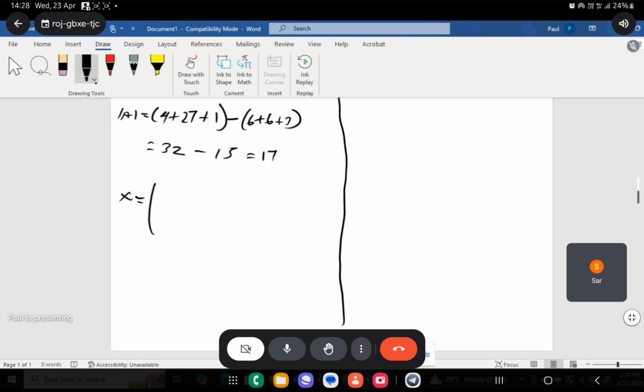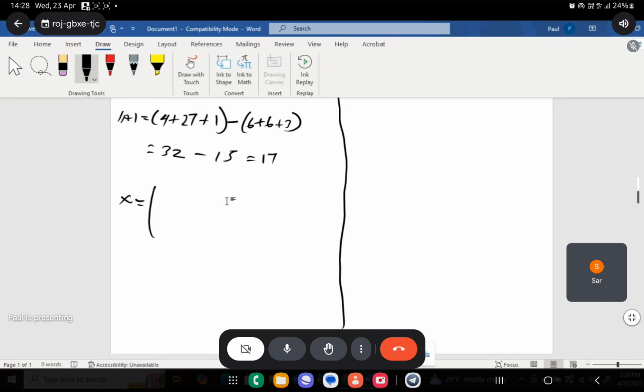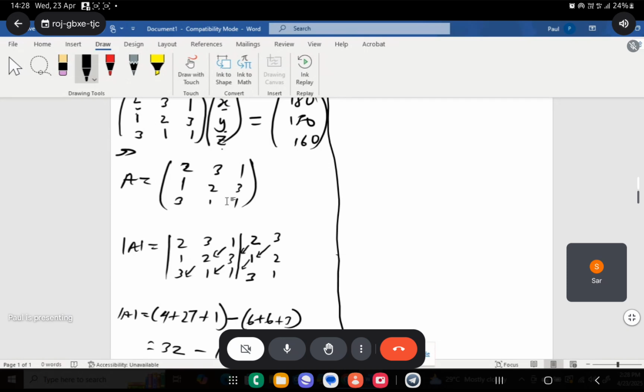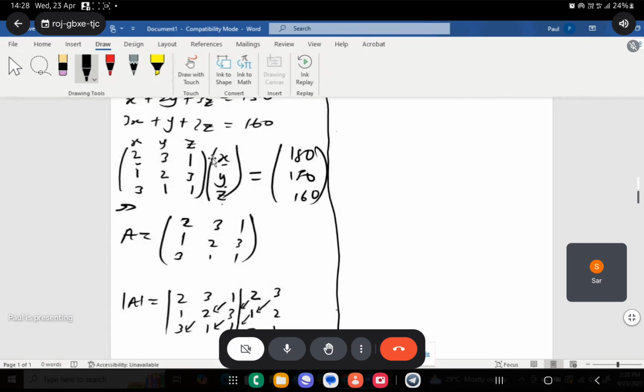Now look at how you see that this side. I told you that this side of the matrix are coefficients of X, right? So to get matrix X, you replace the coefficient of X with the answer.